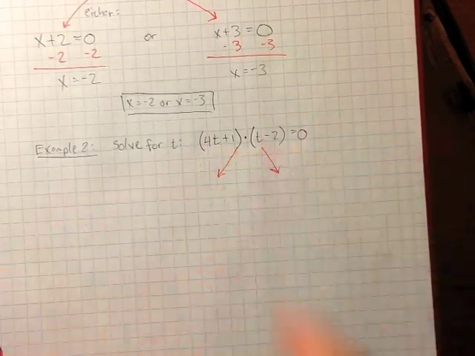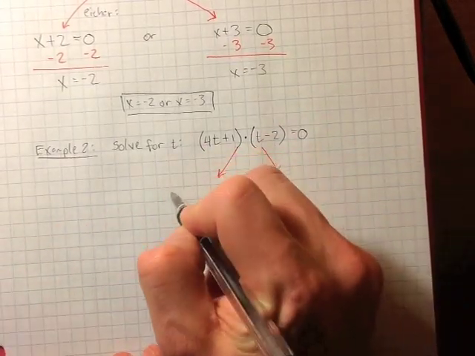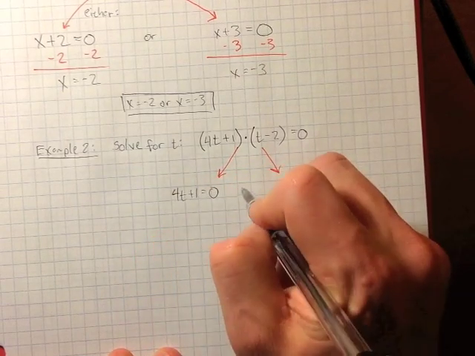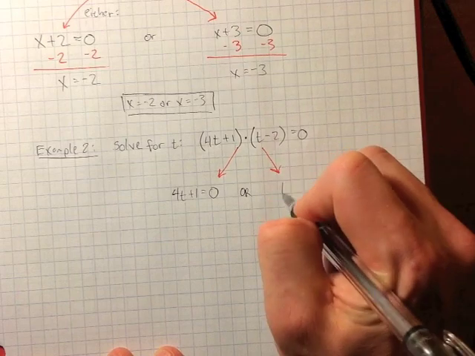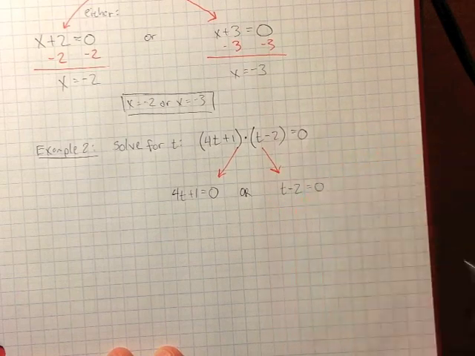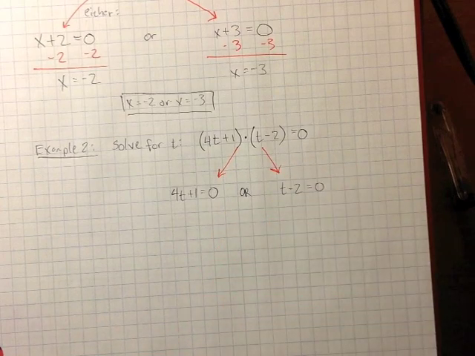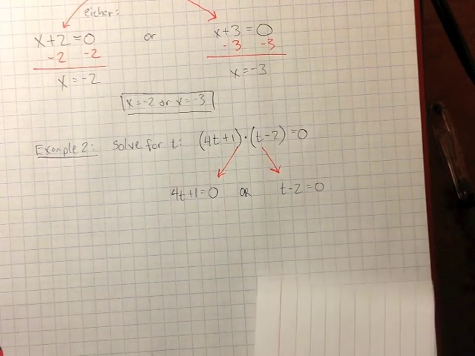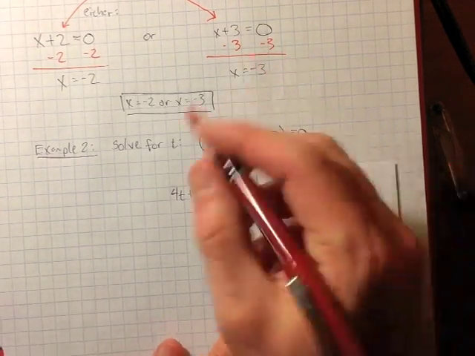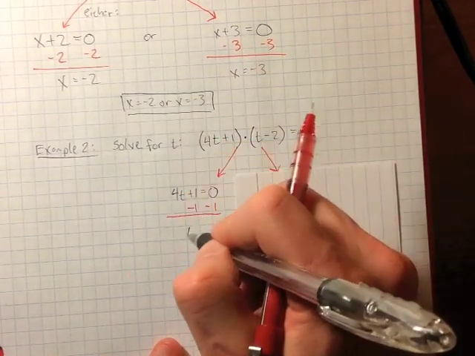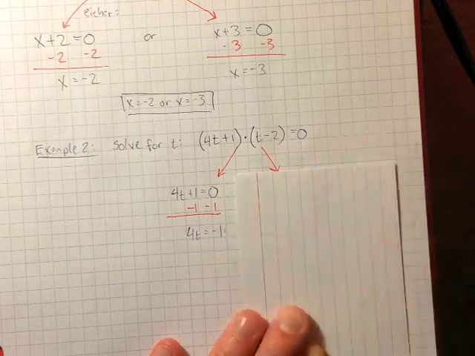If that product is 0, then that means that either 4t plus 1 equals 0 or t minus 2 equals 0. And then from here, we can solve each of these equations individually. On the left-hand side, we can subtract 1 from both sides. So 4t equals negative 1.